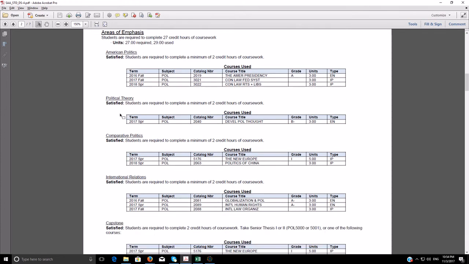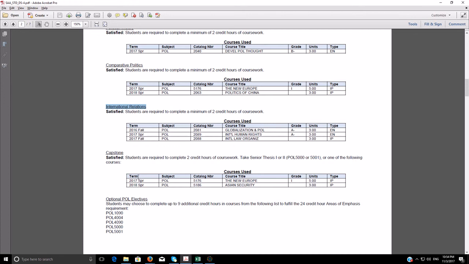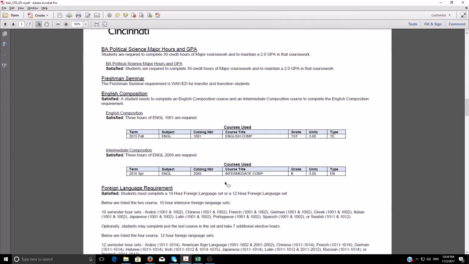Obviously, their core focus has been in American politics and international relations, where they have completed 6 courses respectively, and the rest of the coursework is completed in political theory and comparative politics. The student has actually taken 2 courses under the capstone category, which is again possible, because of their preferences to focus across a broader range of categories.